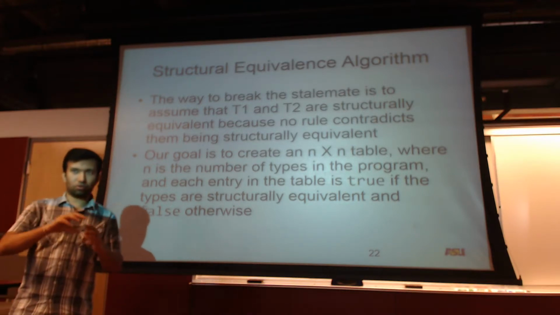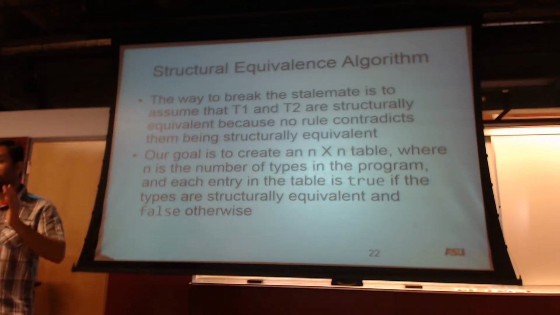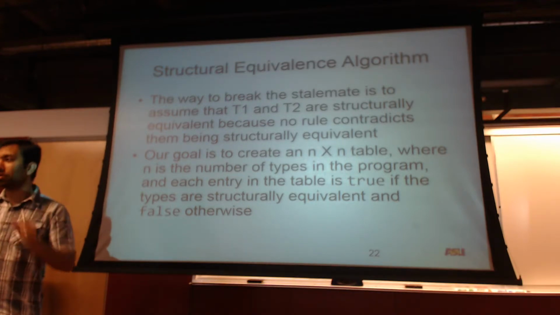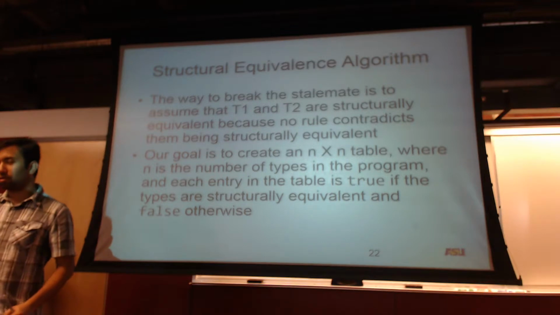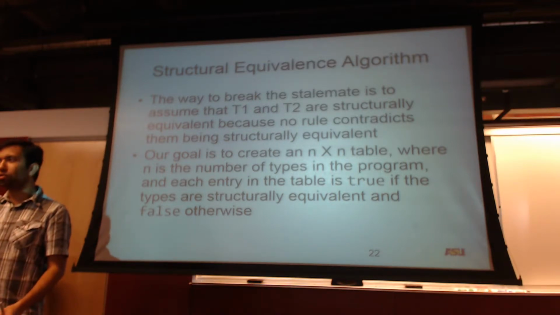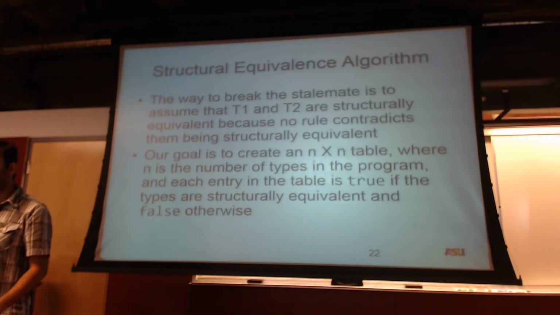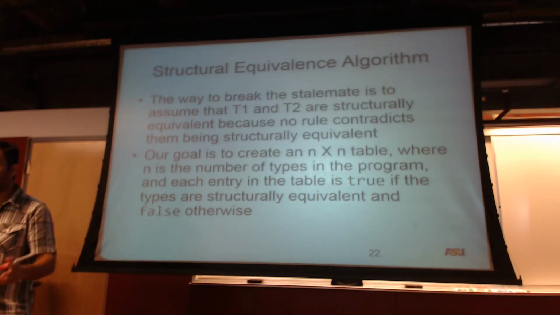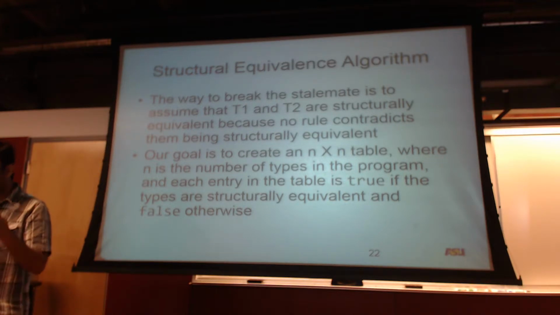In a code you might have defined different types, right? So whatever types you have defined, you put them in an n cross n table. Then you'll see whether these two are equivalent or not. If they're equivalent, that entry in the table is true. If not, then false.